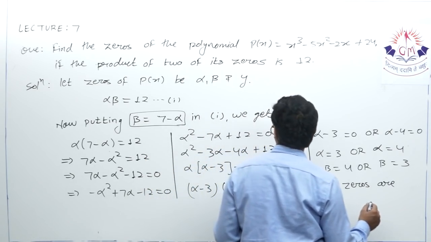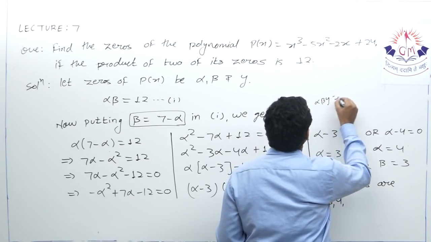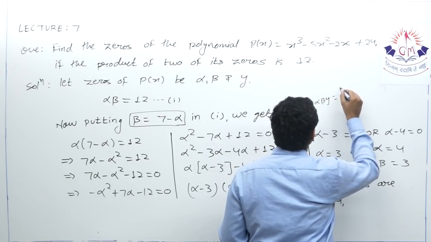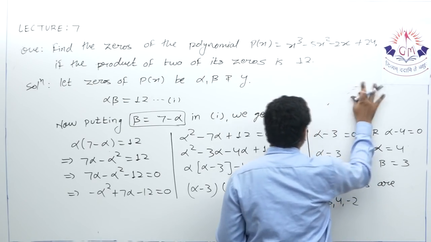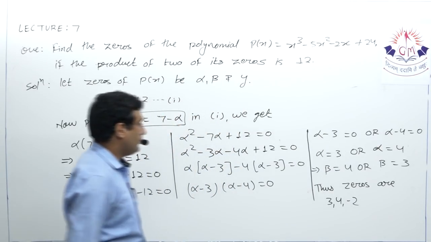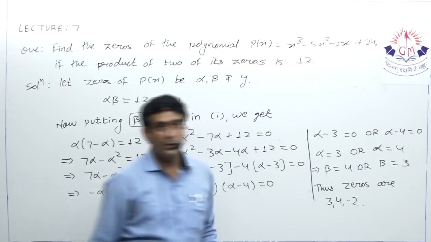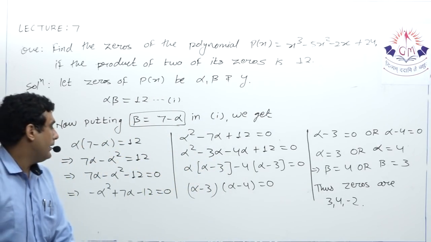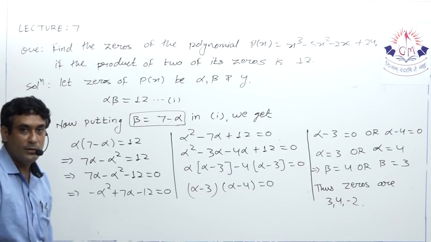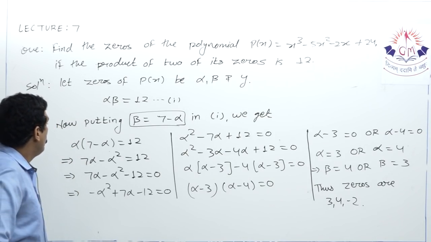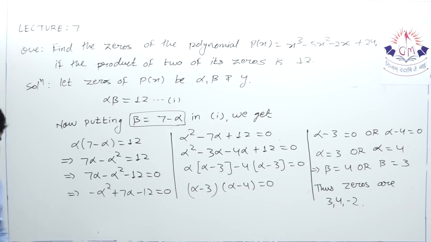That was minus 2, I think. Okay, it was alpha beta gamma is equal to, yes, that was minus 2. So the zeros are 3, 4 and minus 2. So without actually using these relations between zeros and coefficients, we got the zeros of the polynomial. So please note it down, then we'll see one more question.